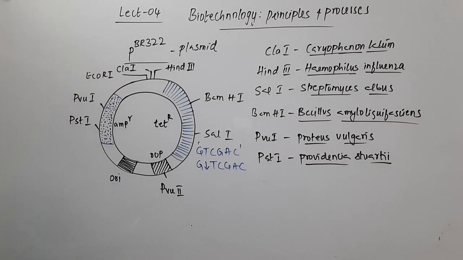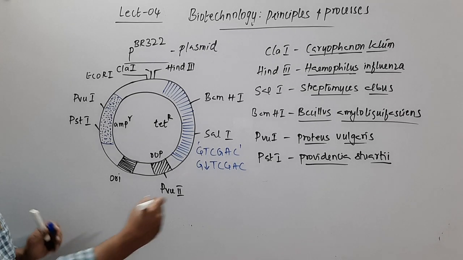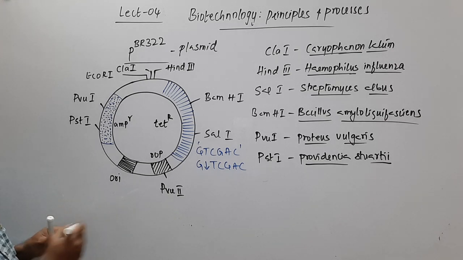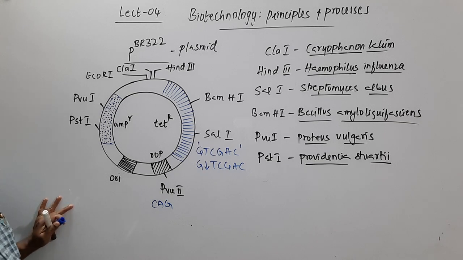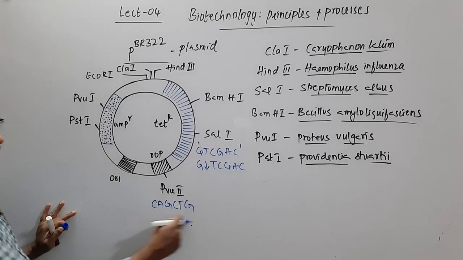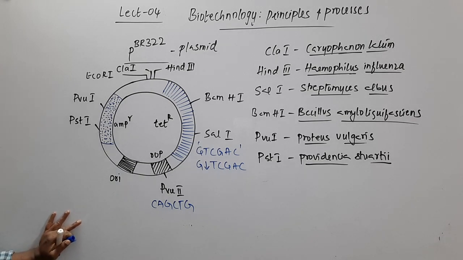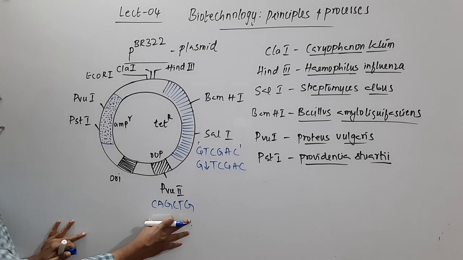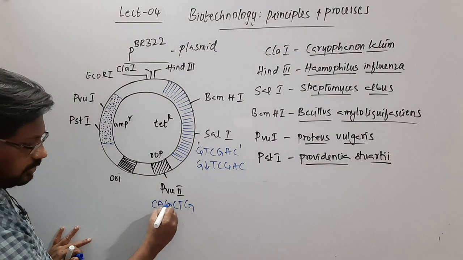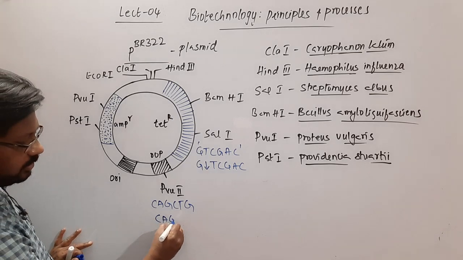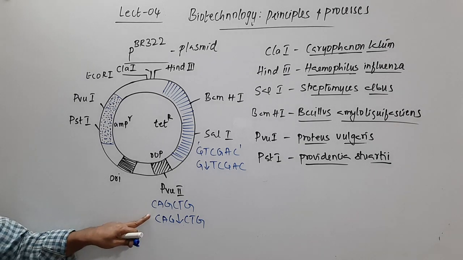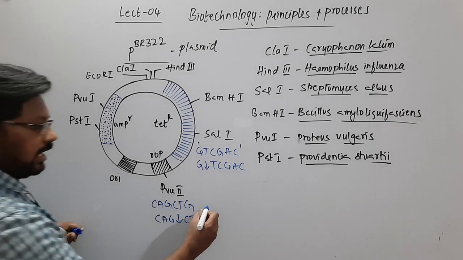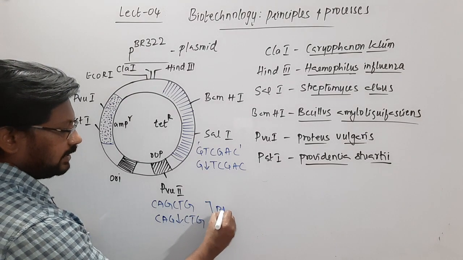Coming to PvuII, it will cut between CAG and CTG, which is the palindromic sequence it identifies, and it's going to cut between G and C. So CAG and CTG. In this case, this is going to form blunt ends.